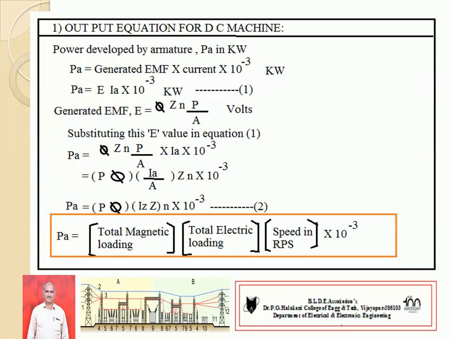What does equation 2 give? Equation 2 provides the relation between the power developed by the armature and the total magnetic loading, total electric loading and speed of the machine in RPS, which is directly proportional.